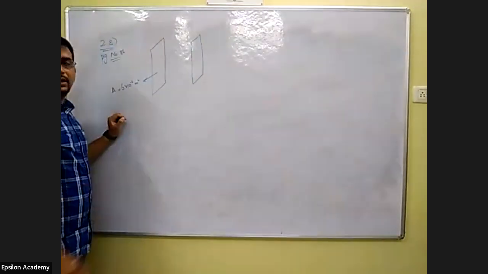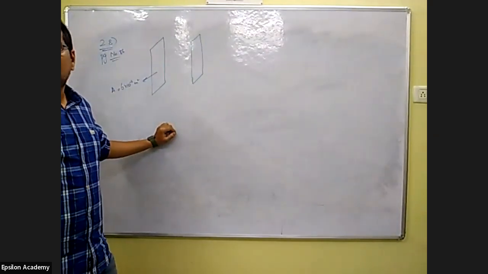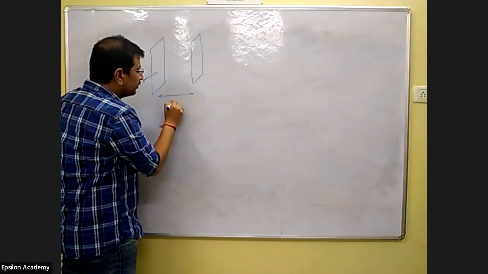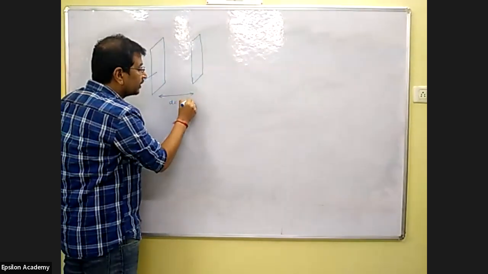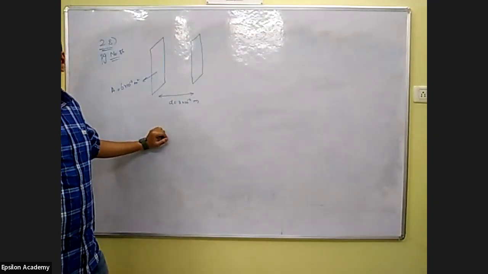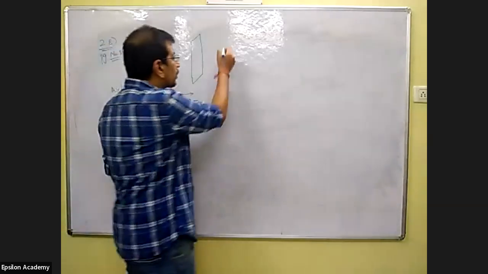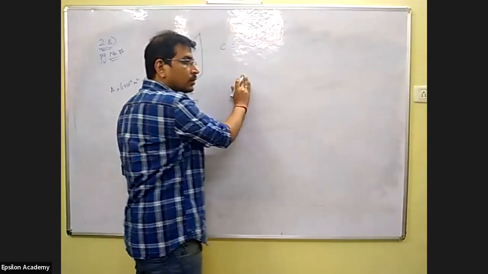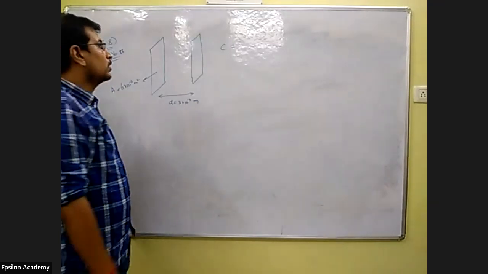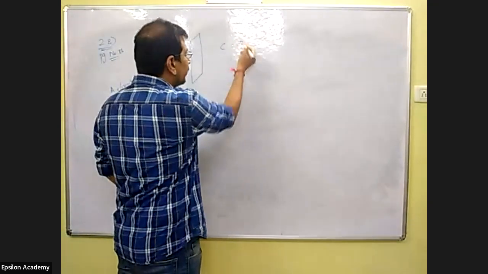And then the distance between the plates is 3 millimeters. So 3 into 10 power minus 3 meters. Right. Calculate the capacitance of the capacitor. If the capacitor is connected to a 100 volt supply, what is the charge on each plate of the capacitor? Okay. So first, they're asking what is the capacitance.